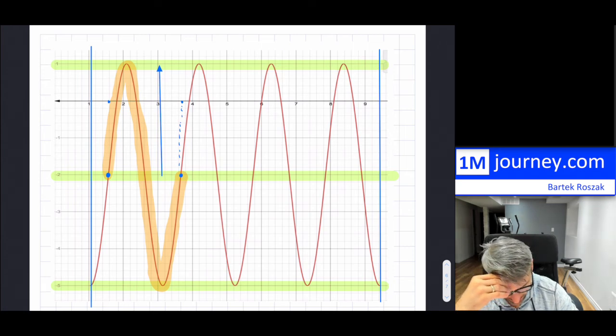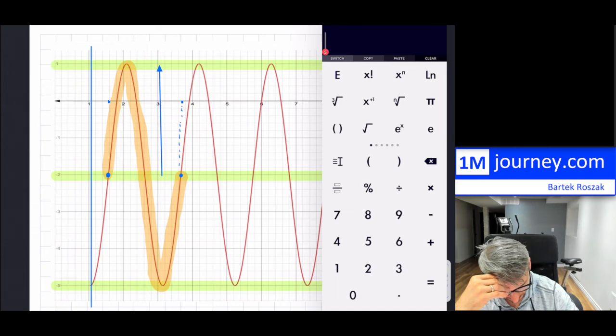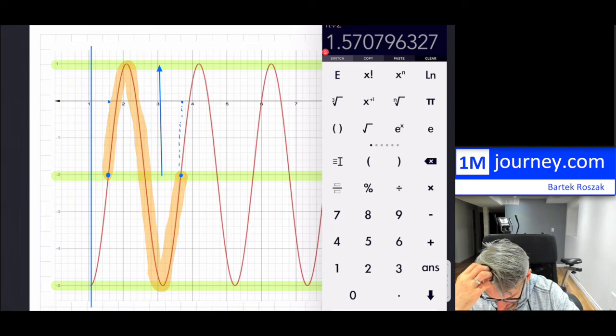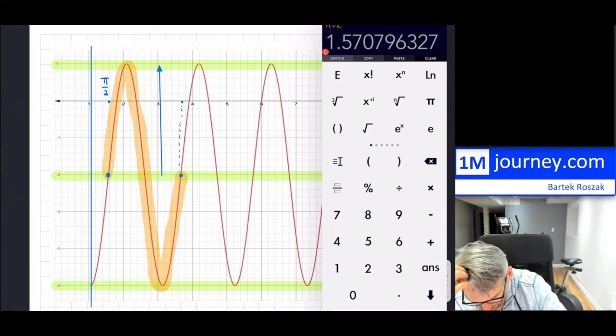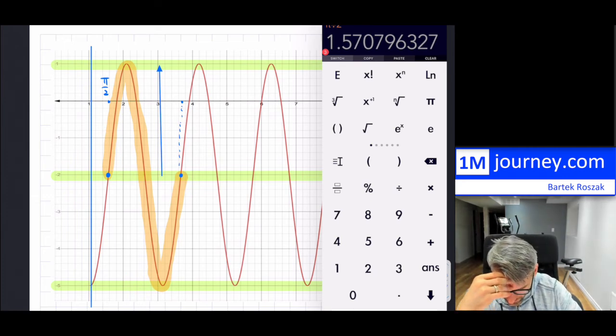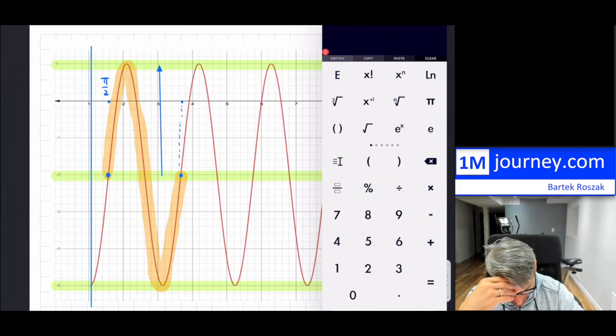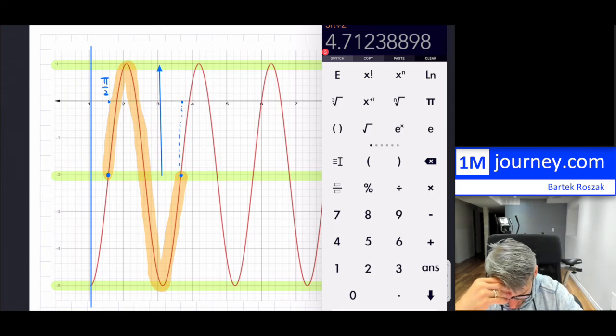I think it's pi over 2, right? Because pi over 2 is 1.57, and that's between 1. So this looks like pi over 2. And then this one, is this 3 pi over 2? Let's see. No, because it's under that. So maybe it's pi.